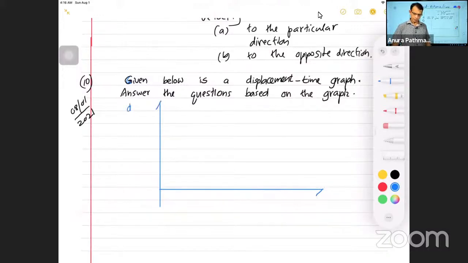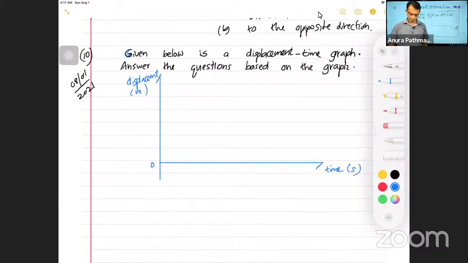This is displacement in meters, time in seconds. 0, 1, 2, 3, 4, 5, 6, 7, 8. 1, 2, 3, 4, 5, 6. Displacement time graph.